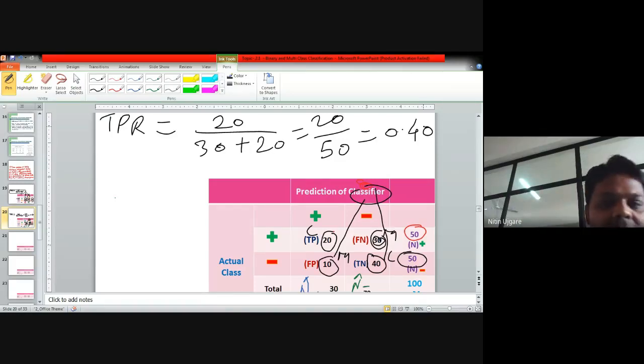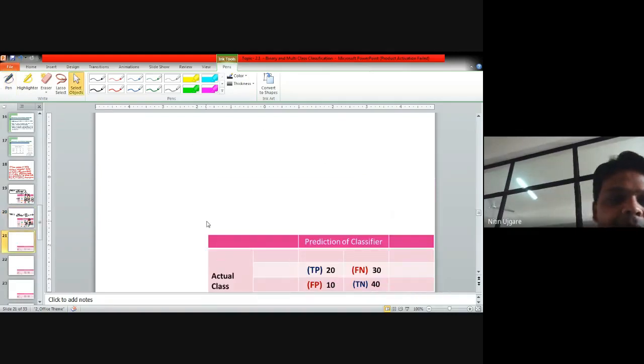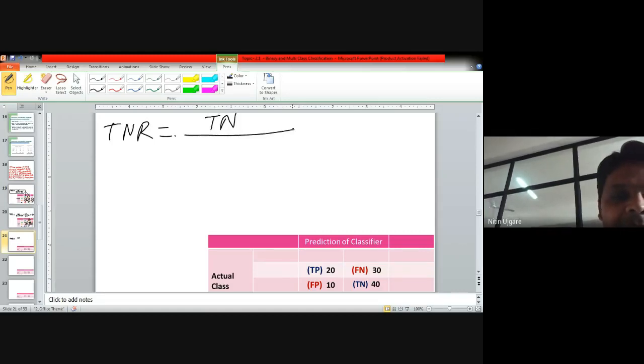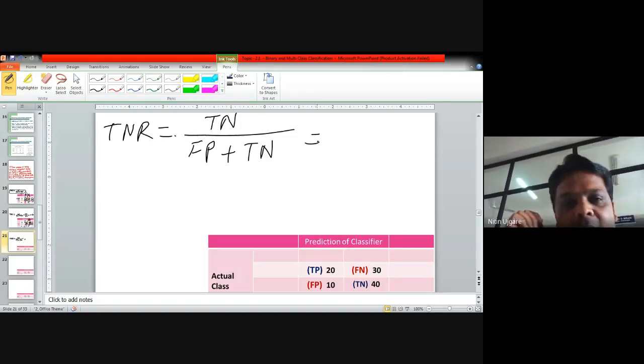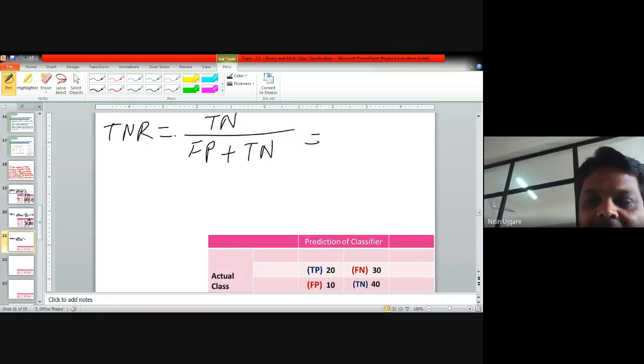In the same way, we also find the TNR. How do I calculate the TNR? TNR is calculated as the correctly classified negative instances, represented by TN, divided by FP plus TN.